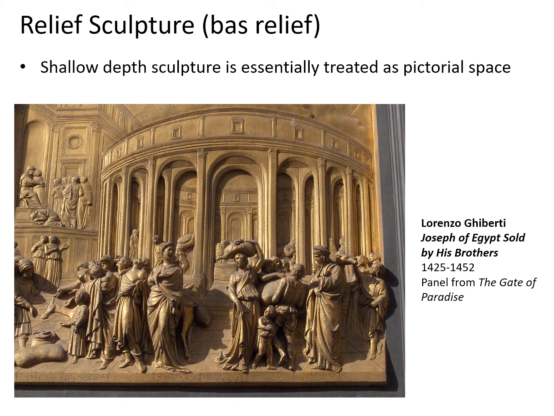They do cast shadows, but it's necessary to look at this type of sculpture straight on. If you look at it from the side, it becomes heavily distorted and it doesn't read correctly. So when we look at this type of bas-relief, we essentially look at it the same way that we look at a two-dimensional work like a painting.